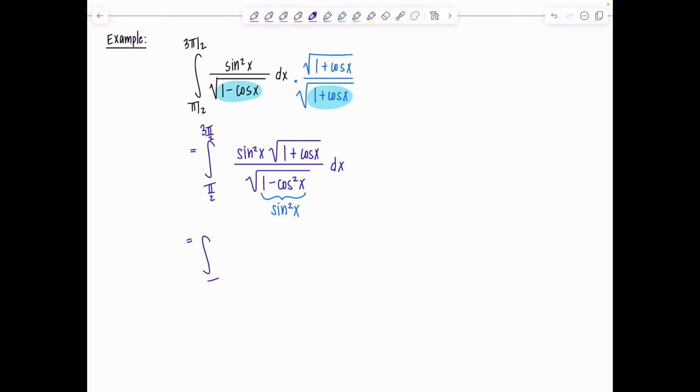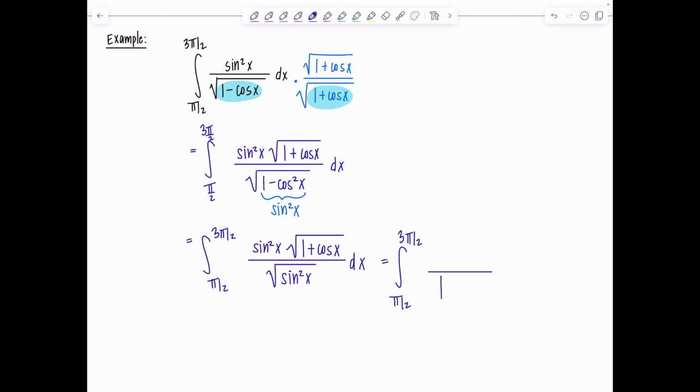So we have integral pi over 2 to 3 pi over 2 sine squared x radical 1 plus cosine x over square root of sine squared x. And square root of sine squared x is not sine x. Oh no. Do you guys know what the square root of sine squared x is? Very good. It's absolute value of sine x.